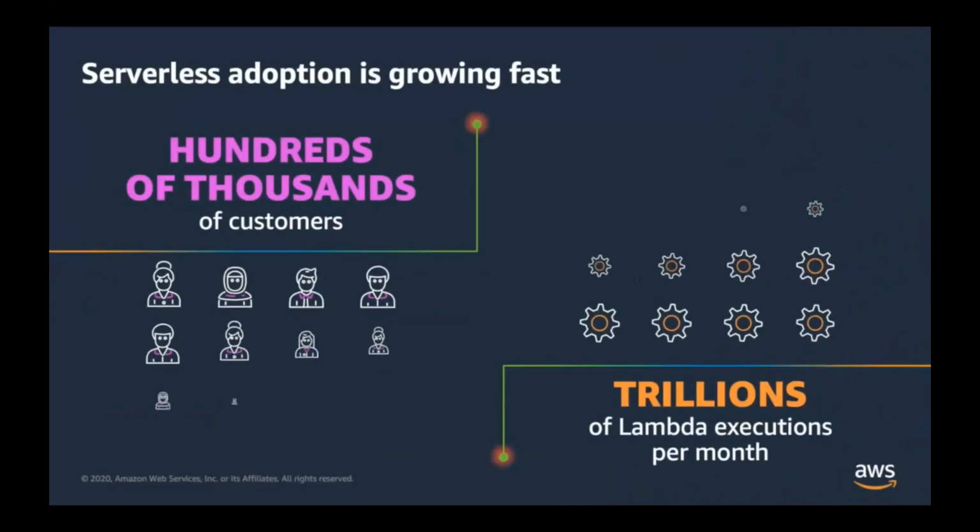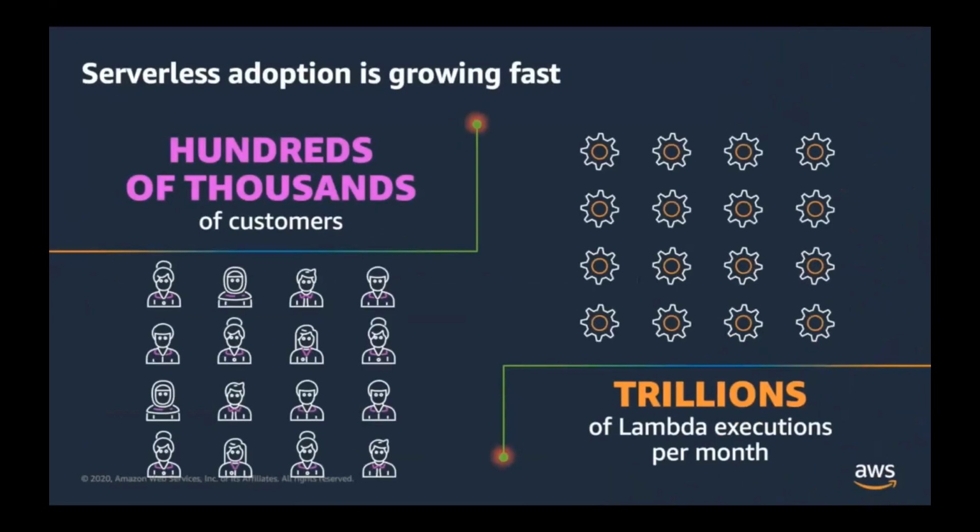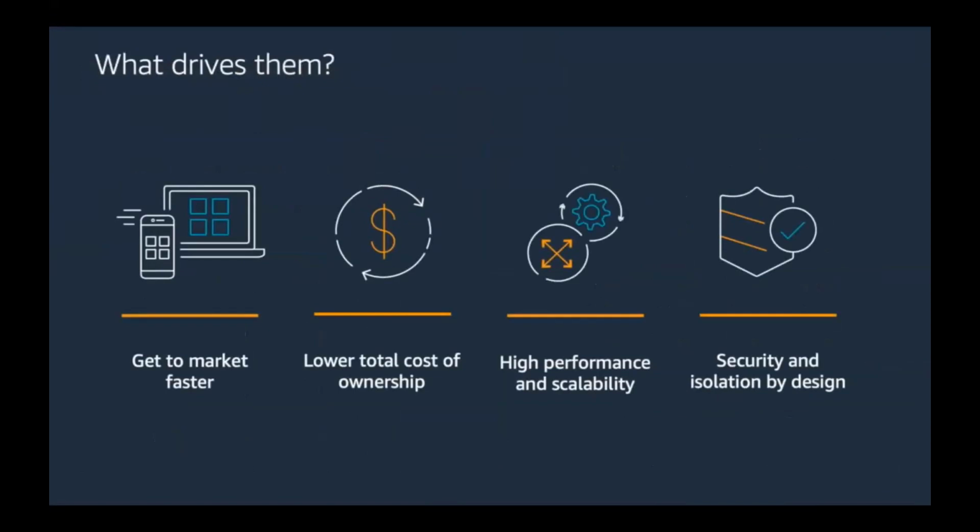Okay, so over the last year, the serverless adoption is really growing so fast. And this is because a serverless strategy enables customers to focus on things that really benefit their customers and not on the overhead or the infrastructure management side of things. So by using serverless, businesses and companies get to market faster.